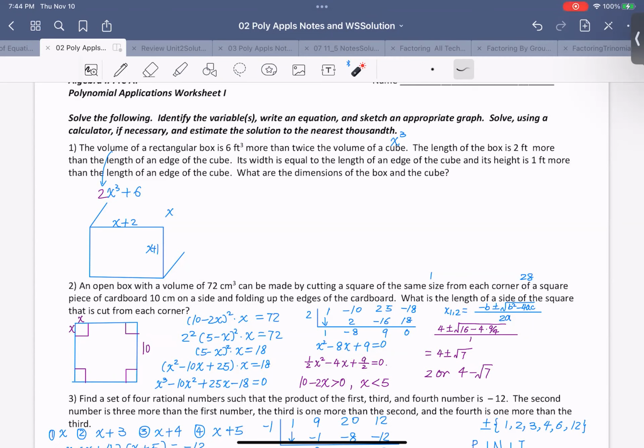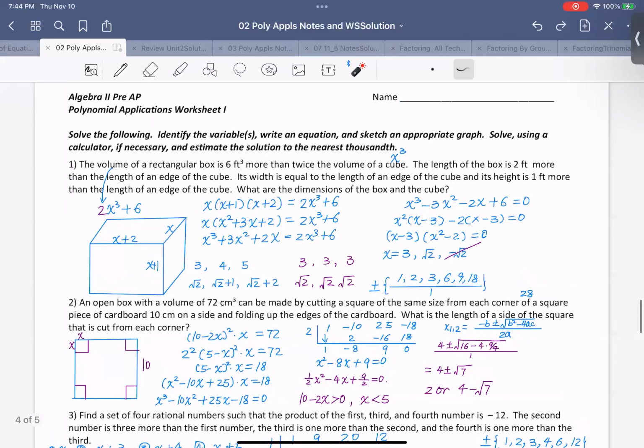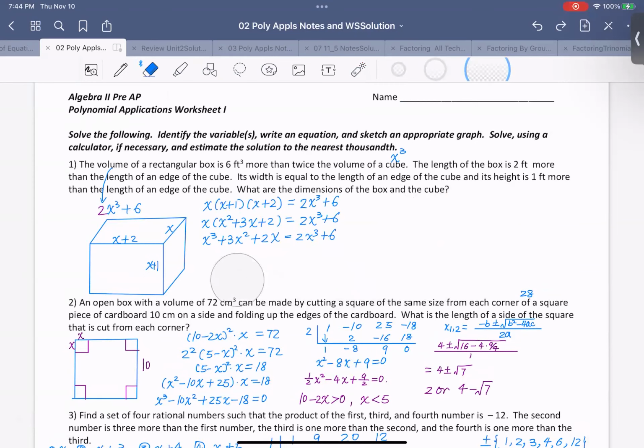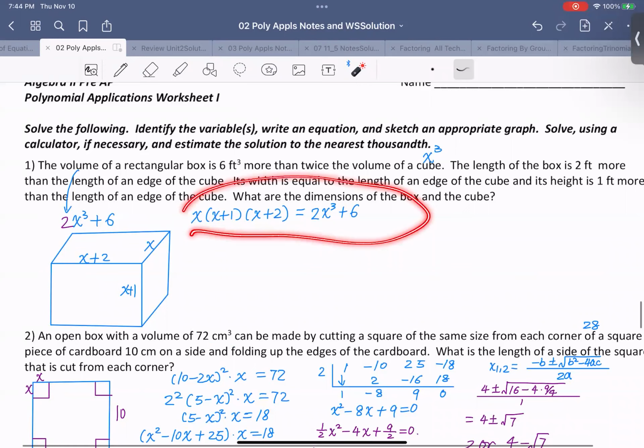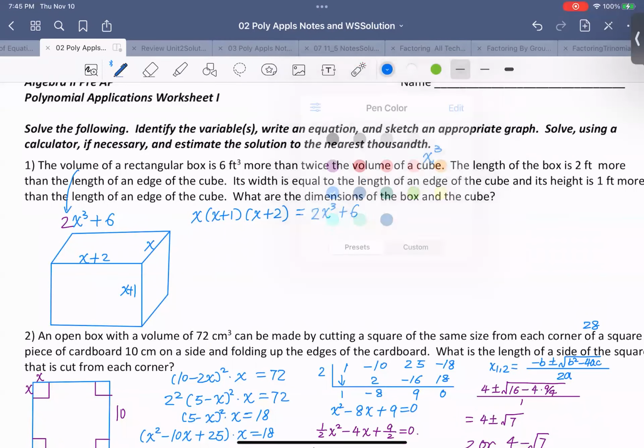Okay, Vanessa, let's do this one together, okay? We can delete this thing, and then let's solve here. So we have this equation. Now let's do the FOILing.